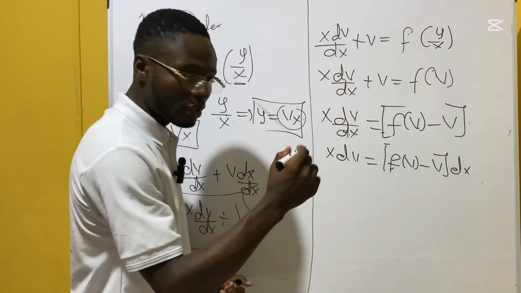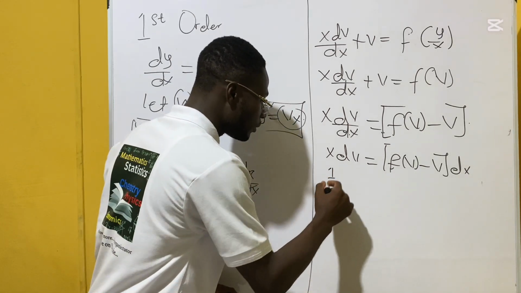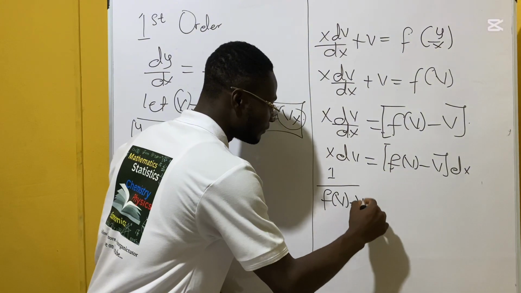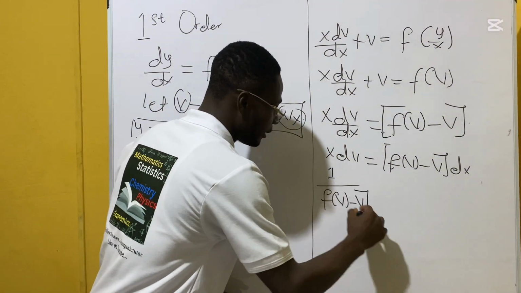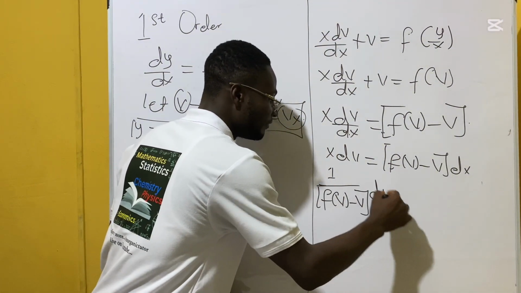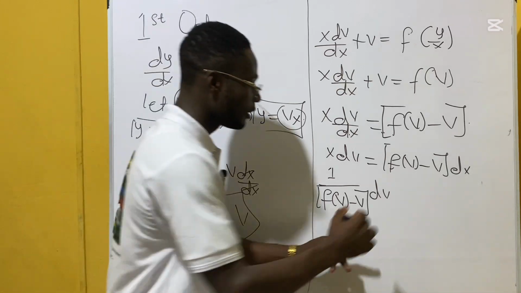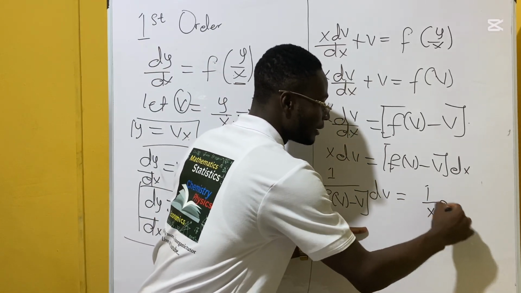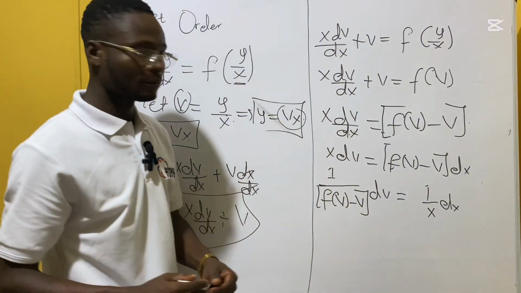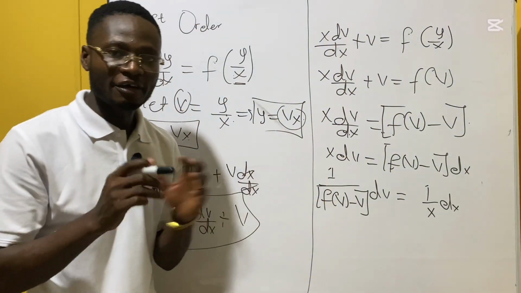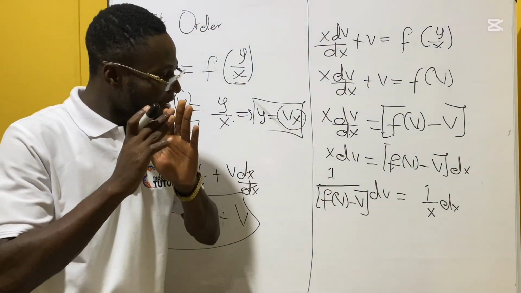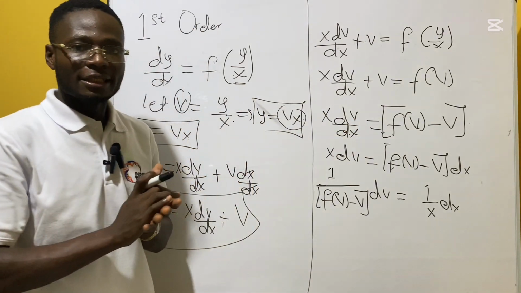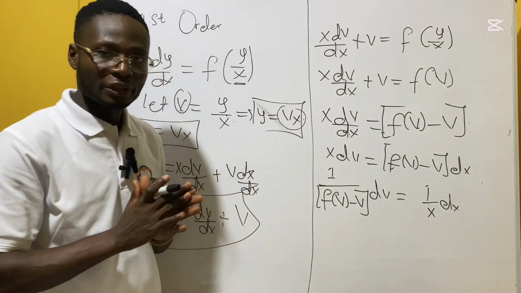So we are going to have 1 over f of v minus v dv. That should be equal to 1 over x dx. So here we have been able to separate the variables into the separate components.